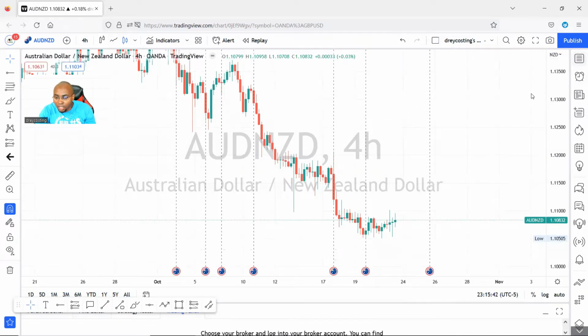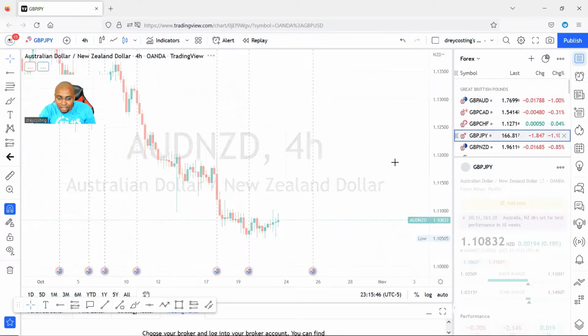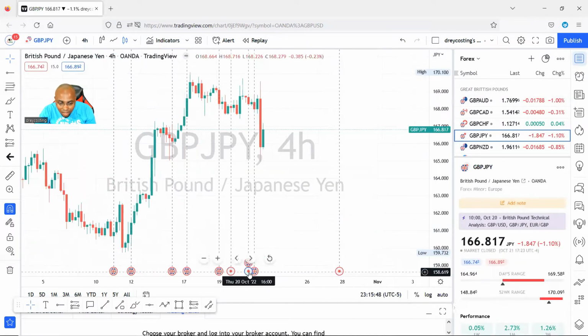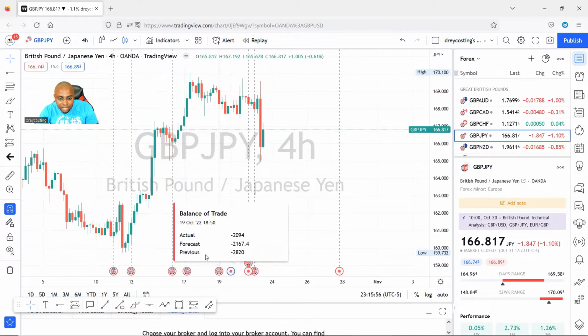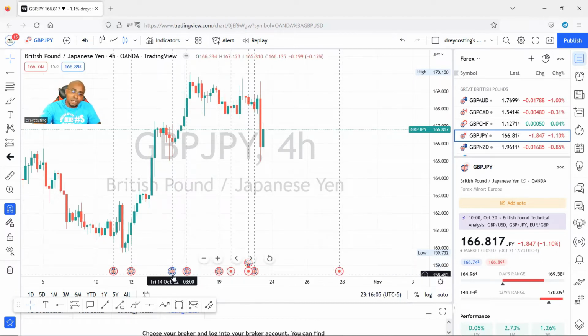Say you're trading GBP/JPY. Notice now you're seeing the British flag and the Japanese flag. So these have to do with the yen news, and these have to do with the pound news.